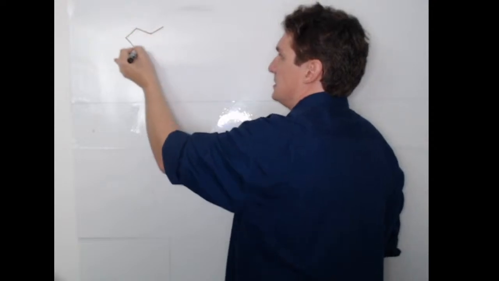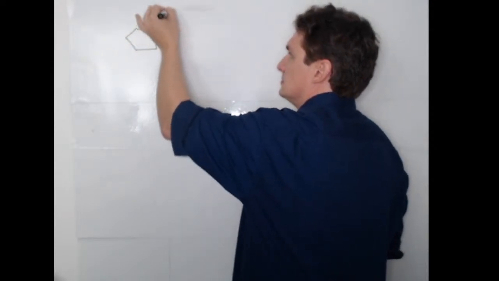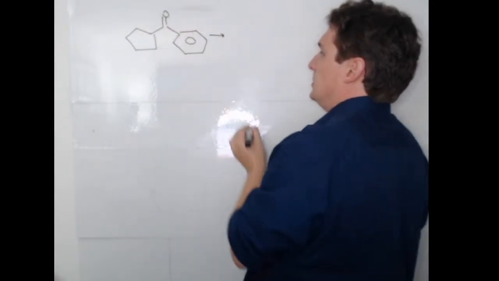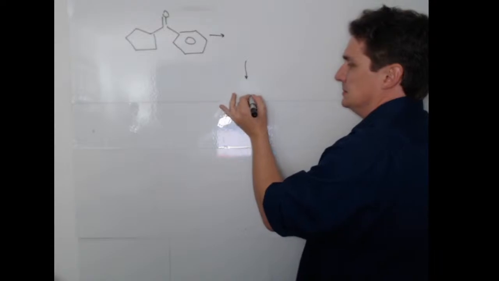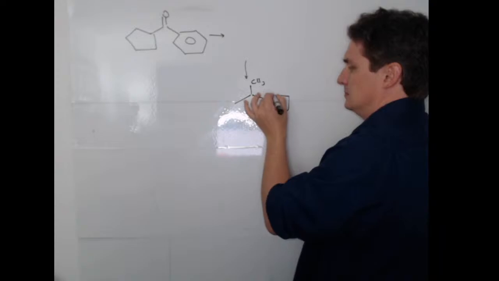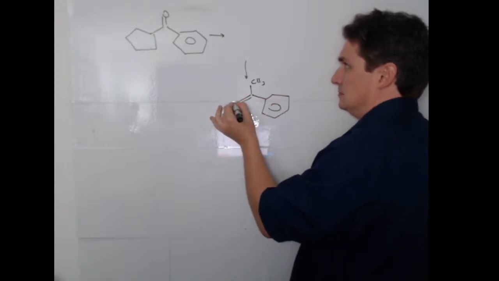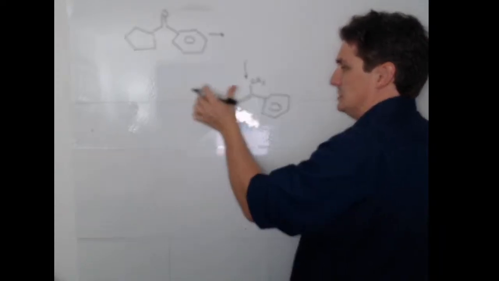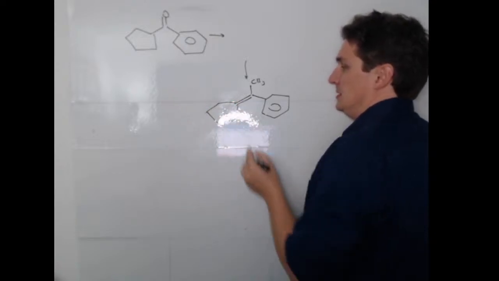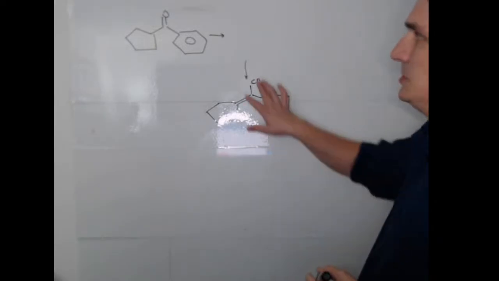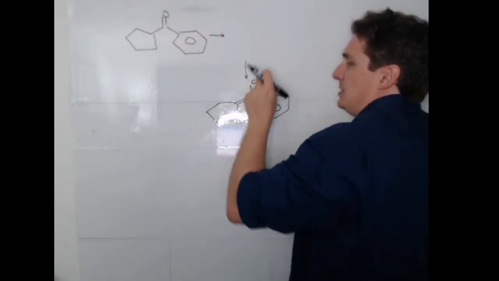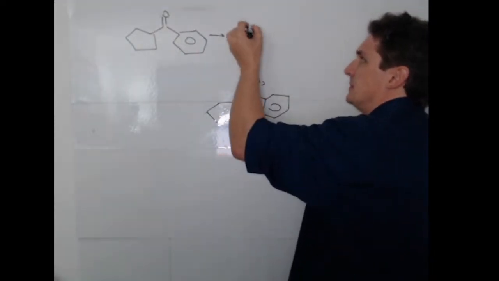So we're starting with this compound here. We want to go to an intermediate, and then we want to form this compound here. So 3 things we're doing: getting rid of the ketone, adding a methyl group, and forming a double bond.